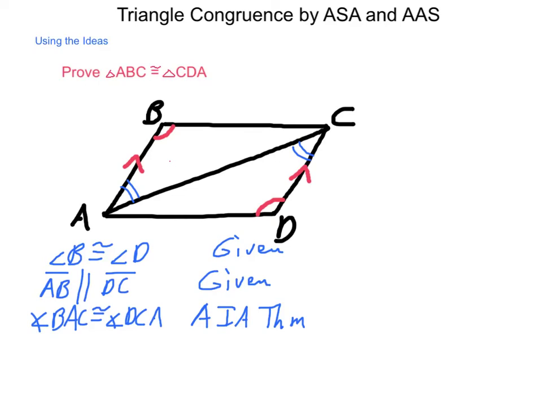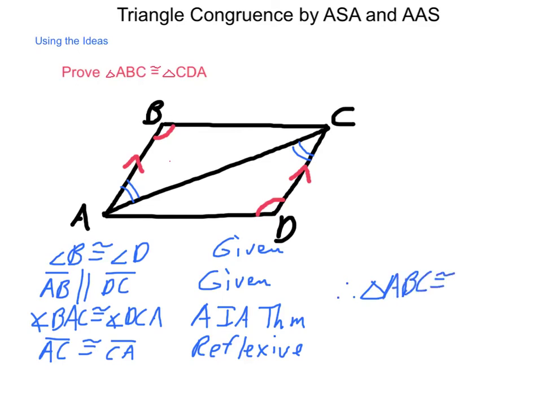With those pieces, and knowing that line segment AC is congruent to line segment CA by the reflexive property, I now have two angles and a non-included side, so I can bring it over to the side and say, therefore, triangle ABC is congruent to triangle CDA by the angle, angle, side theorem.